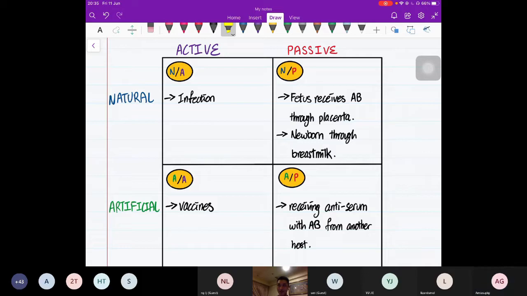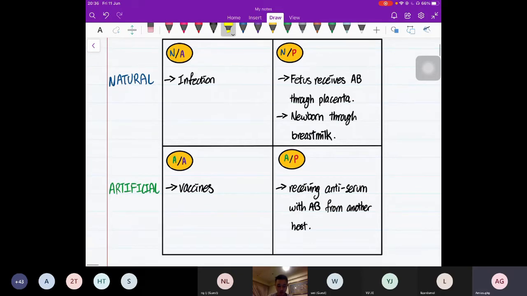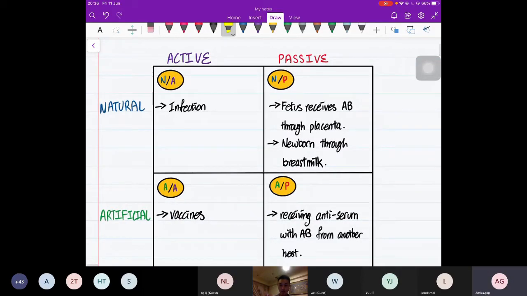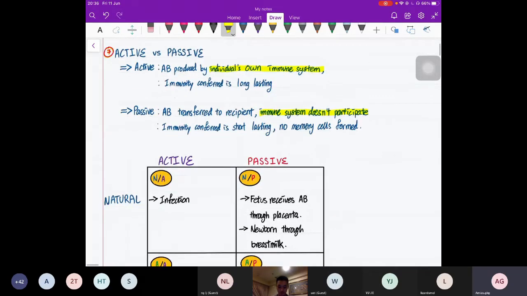Why it's active is because in both infection and vaccines, your immune system participates, and that's how your memory cells are formed. That's how you have long-lasting immunity.